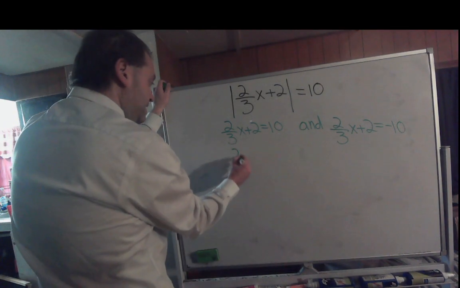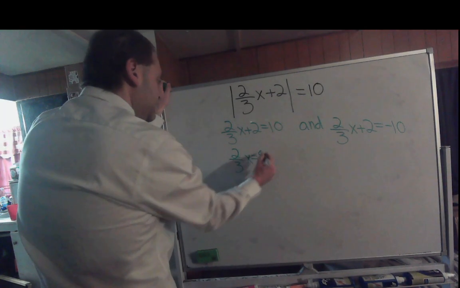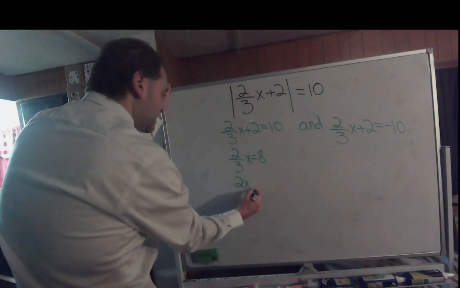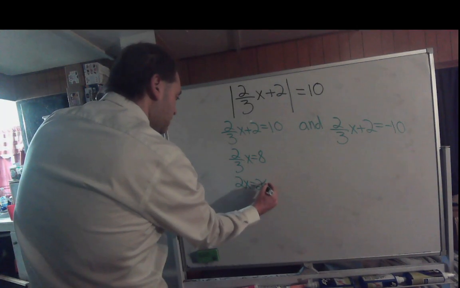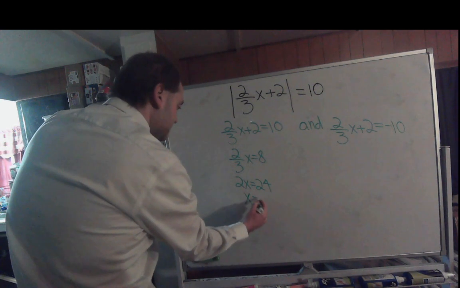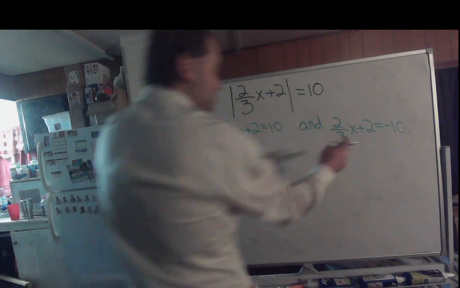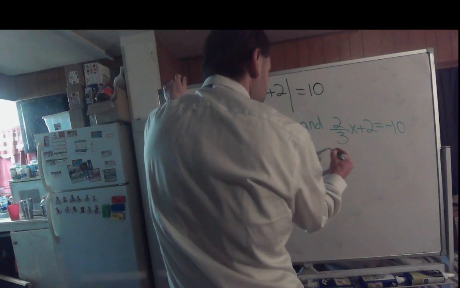You'd then get 2/3 x equals 8, 2x equals 24, which would then give you that x equals 12 for your first solution. Now solve for 2/3 x plus 2 equals -10.